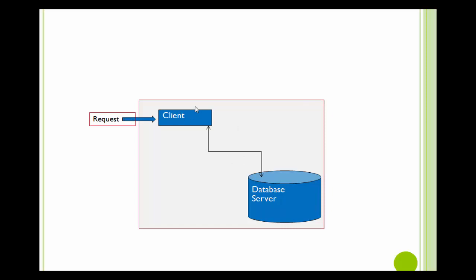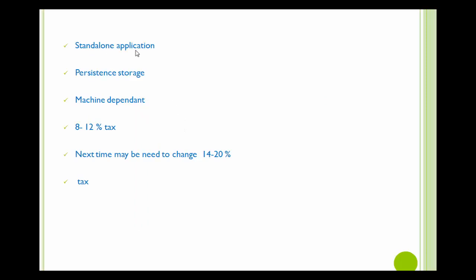What kind of advantages are you getting, and what kind of drawbacks are you facing in this? For example, we'll talk about the advantages first. It is a standalone application, right? Because everything is configured in your PC. Then you get a persistent storage location because the data is in your PC.